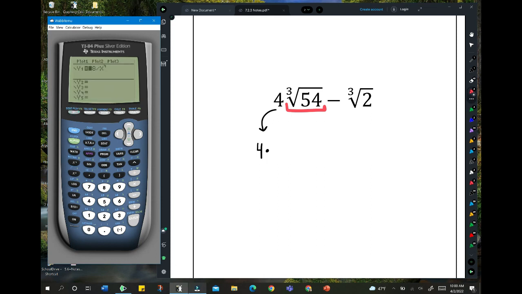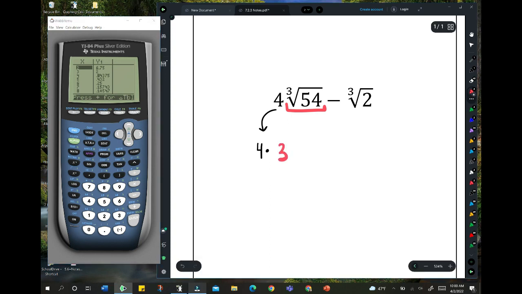The third root of 54, we're going to use the calculator trick with. So third root, 54, divided by x to the 3rd. Table tells us it's really 3 cubic roots of 2, minus another cubic root of 2.